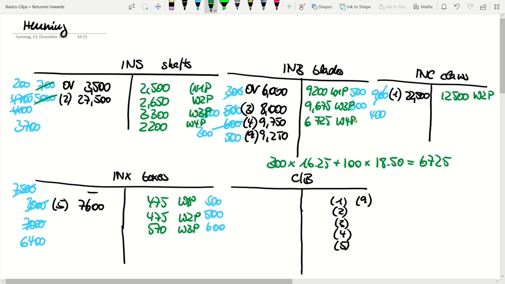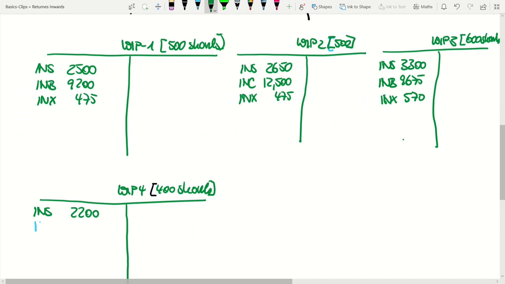Work in process. Now I'm left with 400 steel blades, and it gives me 6,725. And then I need 400 boxes.